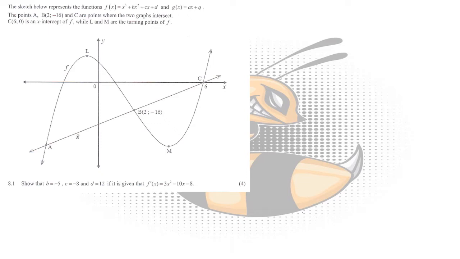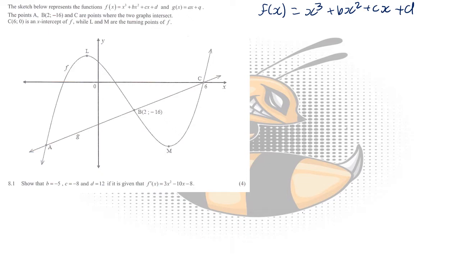In this case, there's a few ways we can approach this question, but the simplest and easiest way would be to start off by deriving this f of x that they gave us, so in other words, by first deriving f of x equals x cubed plus bx squared plus cx plus d, and then comparing it to the derivative that they gave us.